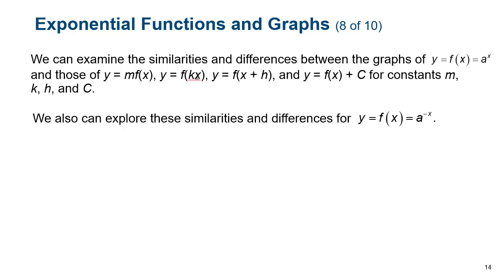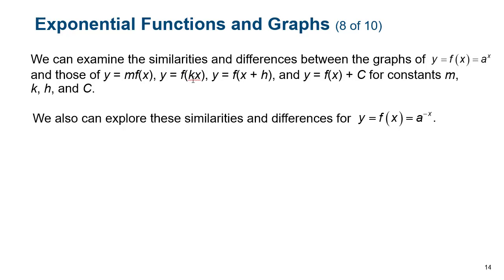So if we multiply on the inside of the function by a number bigger than 1, it's still going to do the same thing as multiplying on the outside by a number bigger than 1. It's going to make it grow faster, which is a vertical stretch. But if you think about it, if your function is made out of rubber, if you stretch it vertically, it's going to get thinner. It's going to compress horizontally. So instead of talking about this as being a vertical stretch, we say it's a horizontal compression.